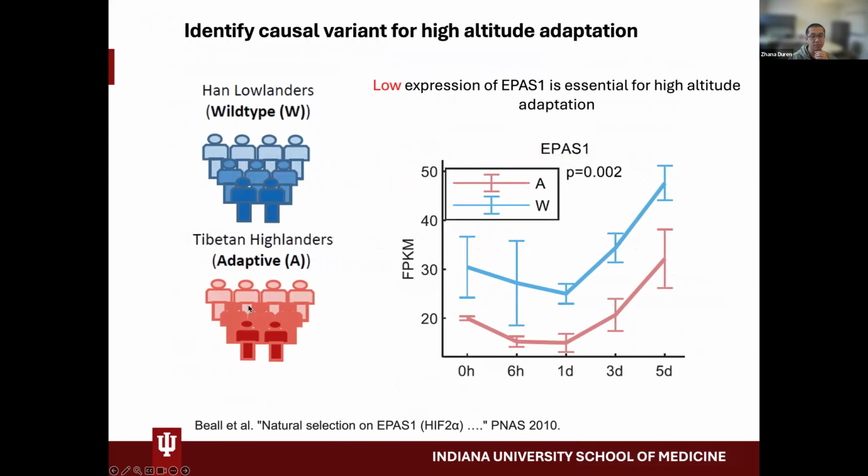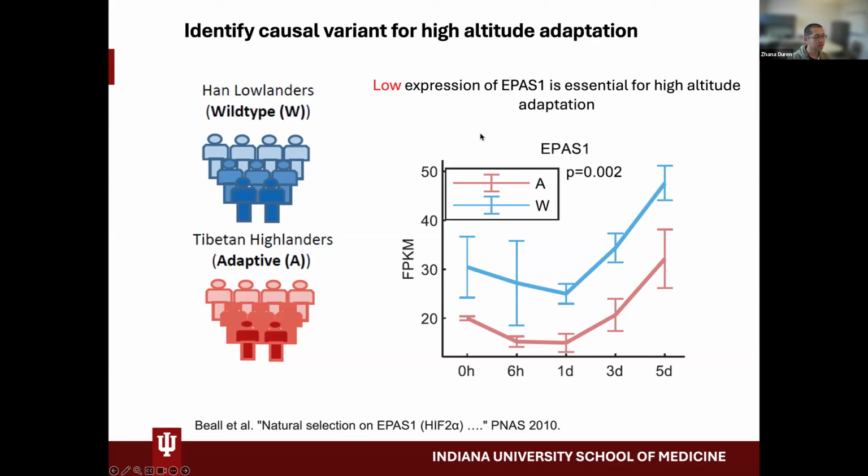Tibetan people have lived at high altitude for a long time. After natural selection, these people have adapted to the low oxygen environment. But normally, people who travel to the Tibet area will have many heart-related issues, or if a pregnant woman travels there, she has a very high risk of fetal loss during pregnancy.